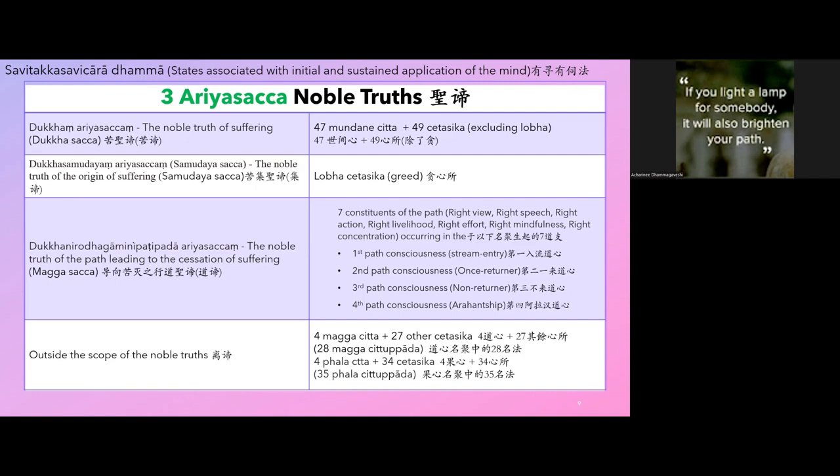What we have not classified under noble truths, those outside the scope of the noble truths, are the 4 magga citta and the 27 other cetasika, which adds up to 28 maggacittuppāda, and 4 phala citta plus the remaining 34 mental factors, which gives us 35 phalacittuppāda.